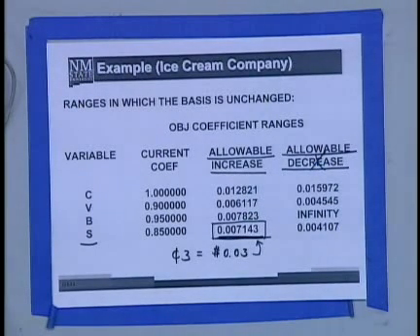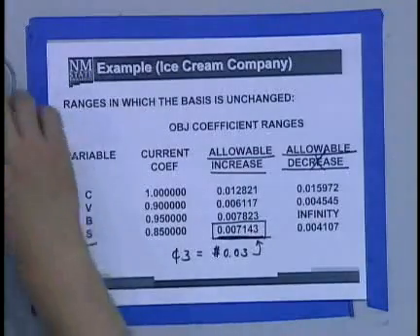So, if the profit of strawberry ice cream were to be 88 cents per gallon, the production of strawberry ice cream would increase, right? But we don't know how much it would be exactly. It will just increase, right?